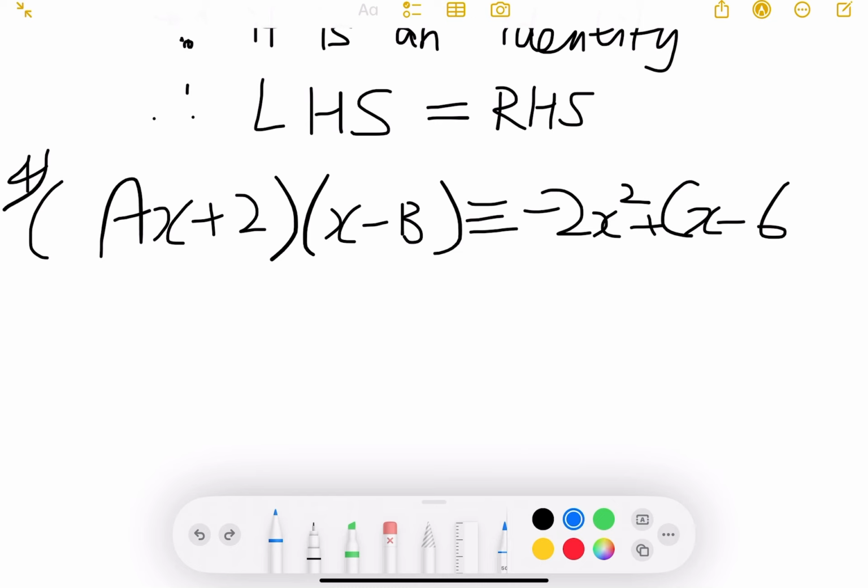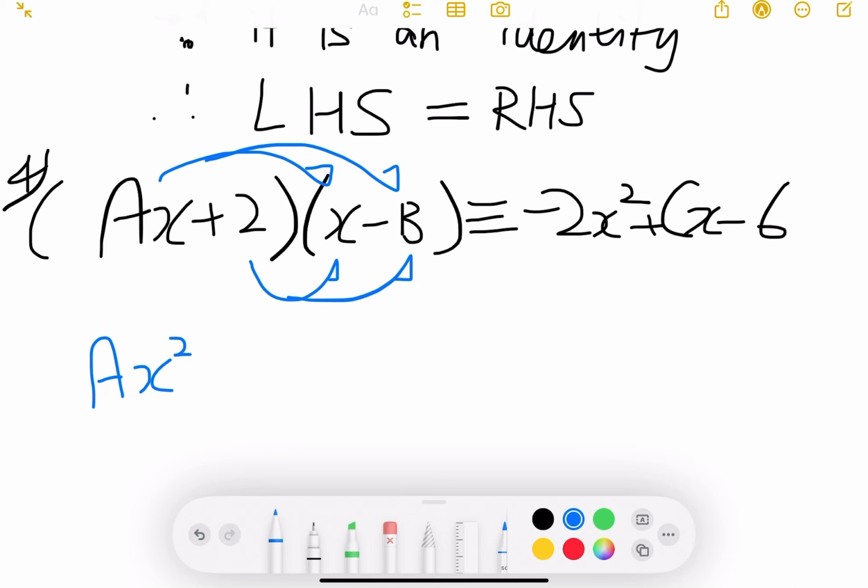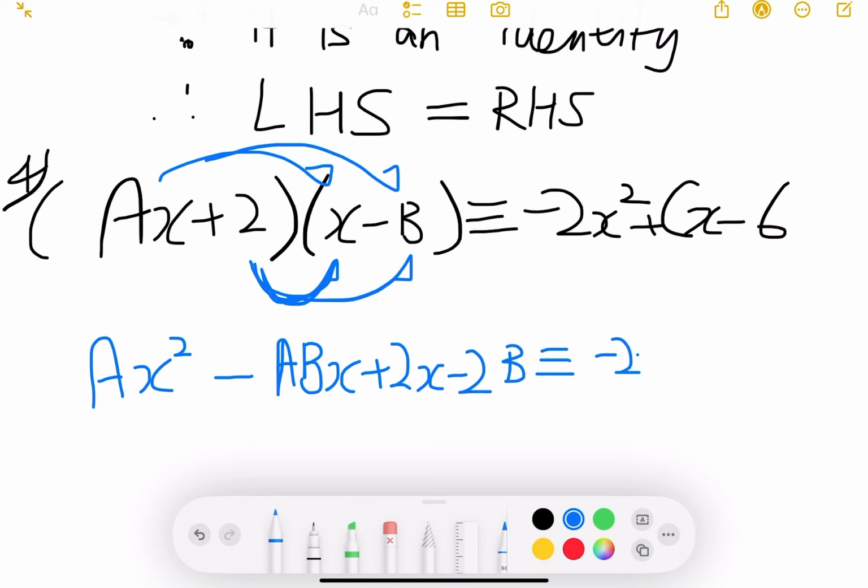Then I have to open up the brackets. So ax times x gives ax squared. a times negative b gives negative ab, and then there's also an x. And then the bottom one, 2 times x is 2x, 2 times negative b is negative 2b, and then again the identity sign.